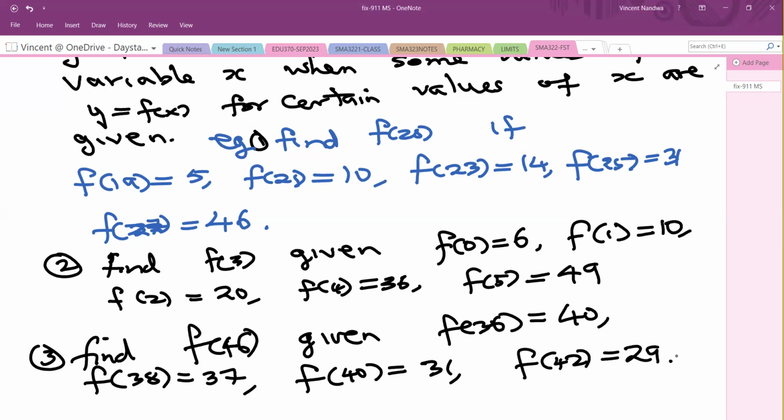So cases whereby you are finding the value of the function for an x value outside the range given is called extrapolation. While when the x value is between the range of values of x given, we simply say interpolation. But let it be noted that interpolation of values either within or outside the range will not have a difference in terms of the formulas that you are going to apply.